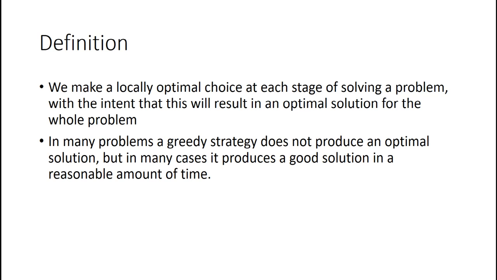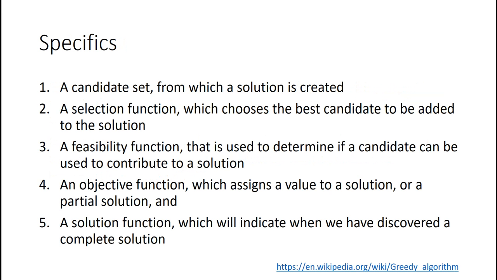We might call this a heuristic, a rule of thumb, an approach that gives us a good solution, but not necessarily a perfect or optimal solution. Some specifics, when we go to formalize this, we start with a candidate set from which a solution is created, then a selection function that chooses the best candidate to be added to the solution, a feasibility function that's used to determine if a candidate can be used to contribute to a solution, an objective function which assigns a value to a solution or a partial solution, and a solution function which will indicate when we have discovered a complete solution.